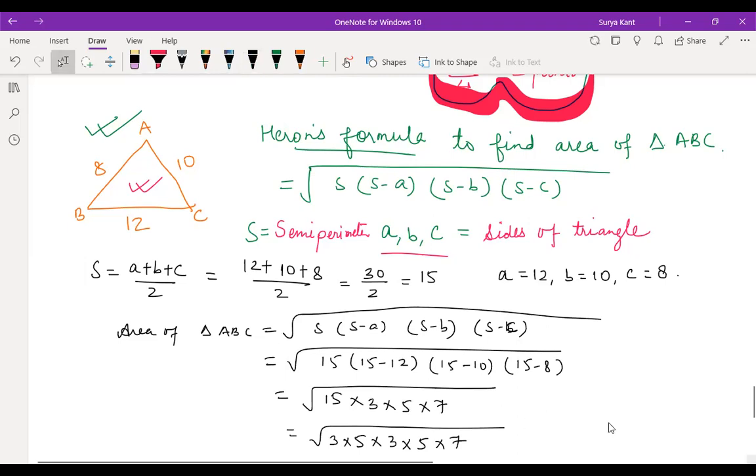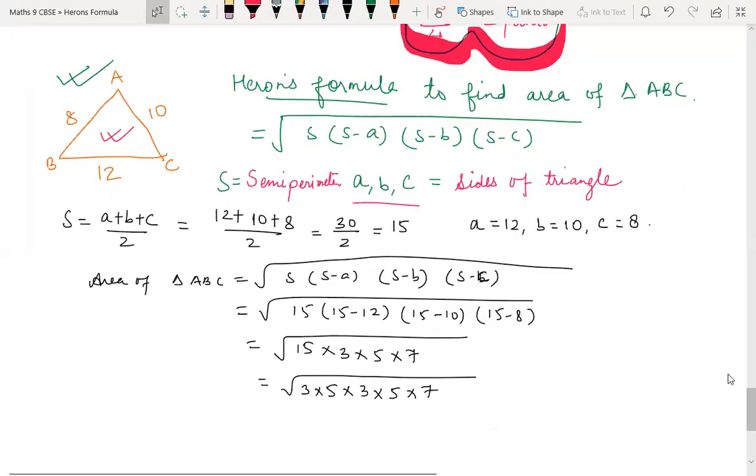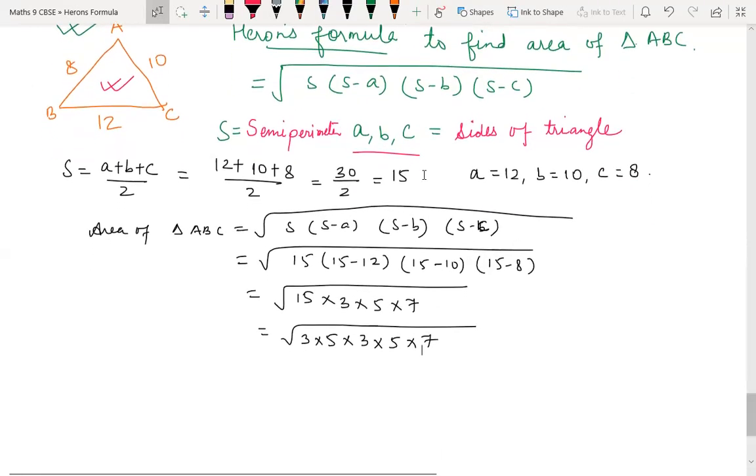Before, I told you that whatever comes in a pair, you write only once outside the root, right, children? So see here, 3 and 3 is one pair, so you write 3 outside the root.